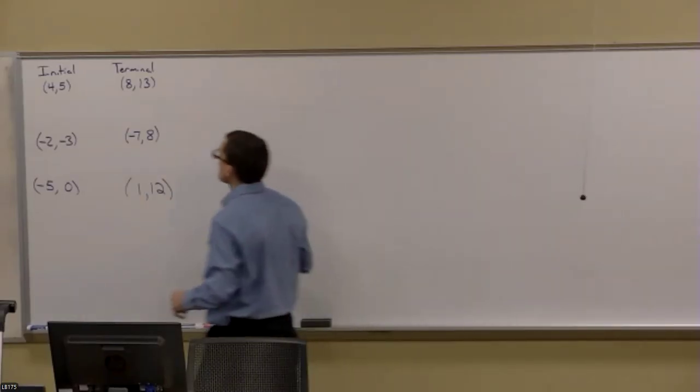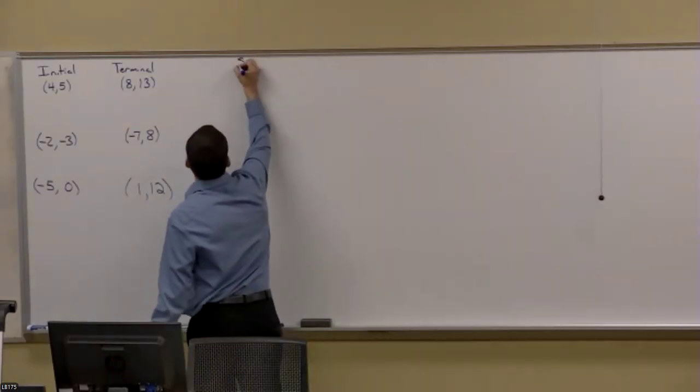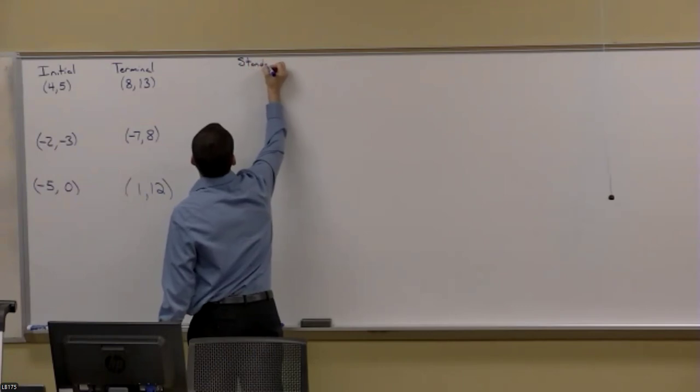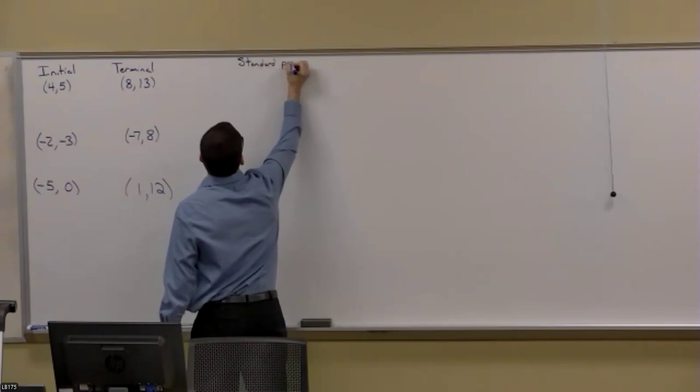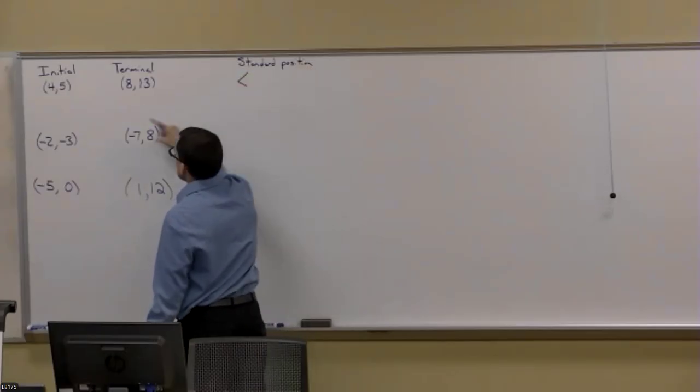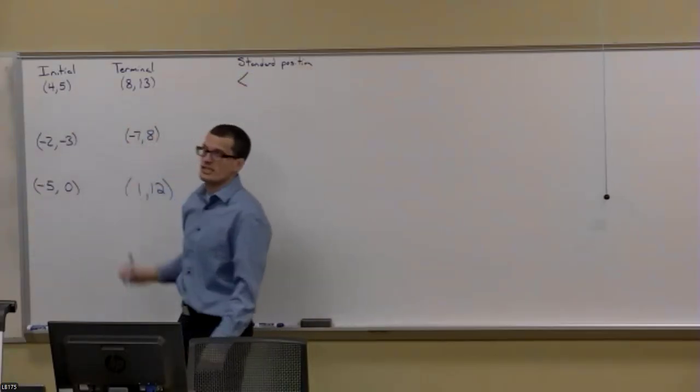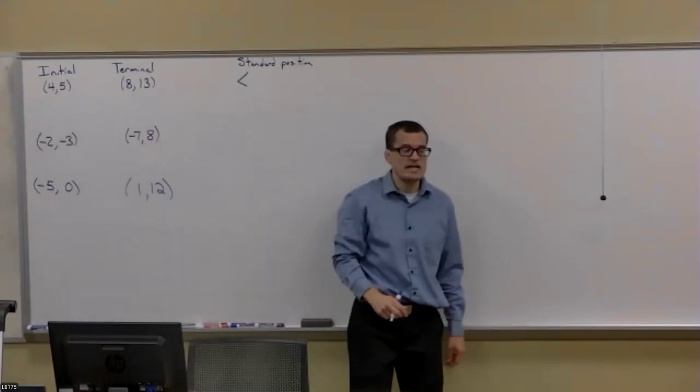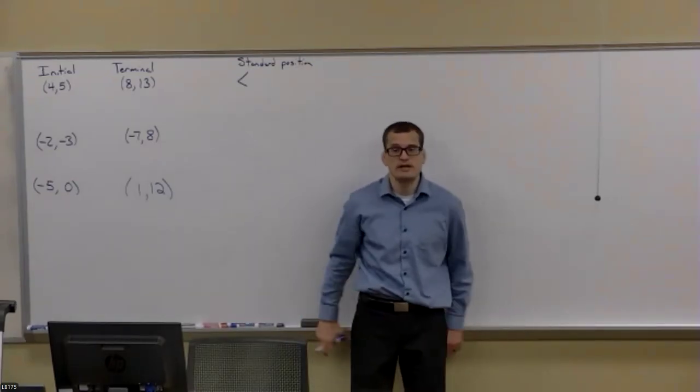All right. So, standard position. I'll do this in 2 steps. We've got to figure out the change in X and then the change in Y. Be careful about which way you subtract.